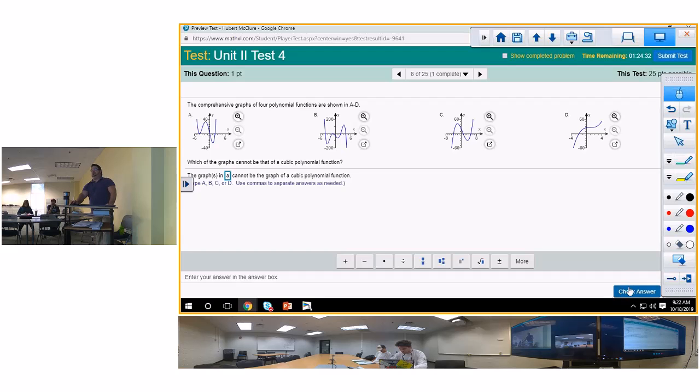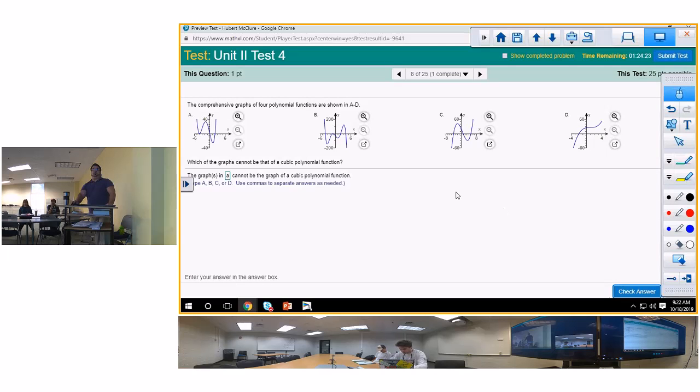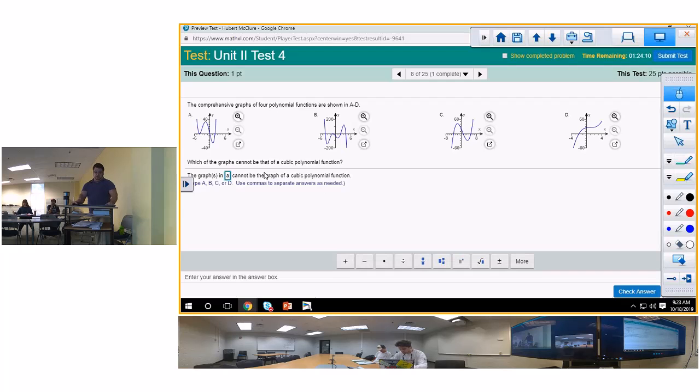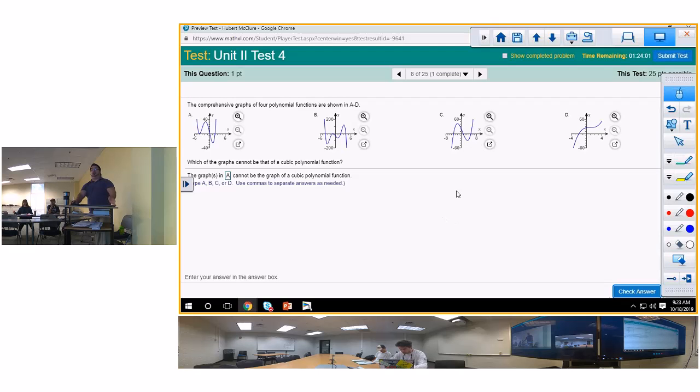Let's check it so we can feel good about ourselves. I don't feel good about it. Okay, I read the question wrong. It should be calculated. Did I read the question wrong? Which of the graphs cannot be a cubic polynomial function? Reckon I need to type in a capital A? Okay, I'm confused.